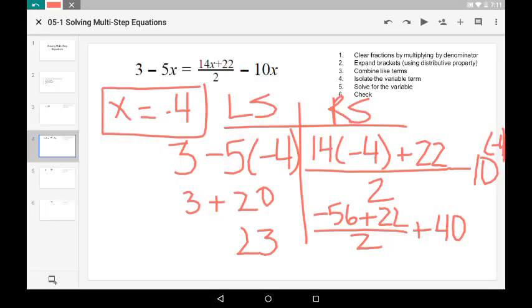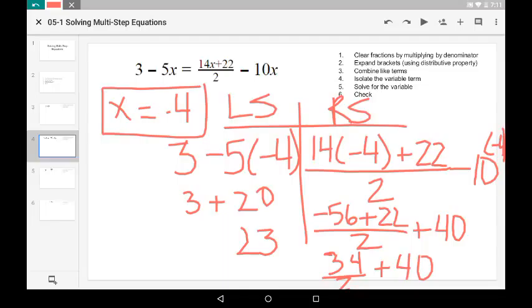Negative 56 plus 22 will give us, let's try this. There we go. Over 2 plus 40. 34 over 2 is 17.